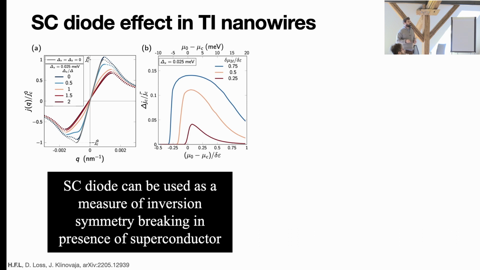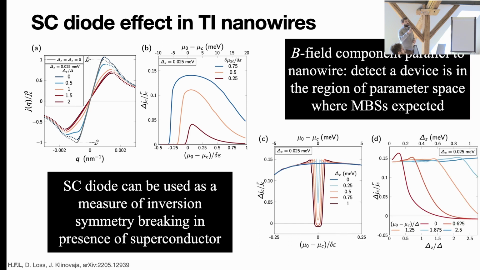And what's actually cool is that this is when I have just the magnetic field as in the previous case. So these plots are just the magnetic field perpendicular to the nanowire. But when I also have a component of the magnetic field parallel to the nanowire, then I get a modification of the diode effect only in the region where I'm opening this helical gap.